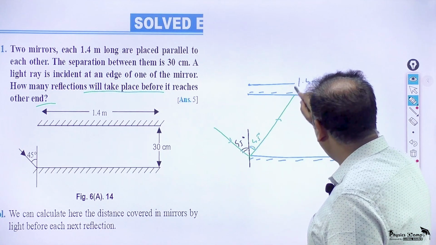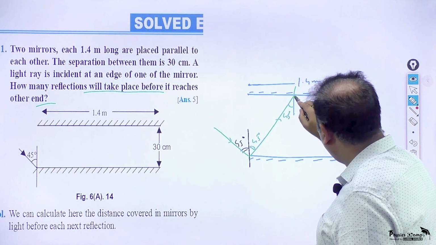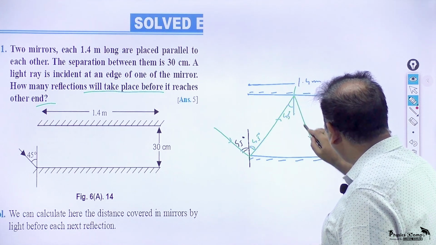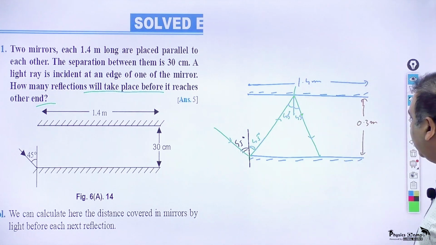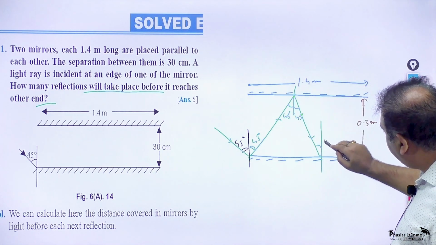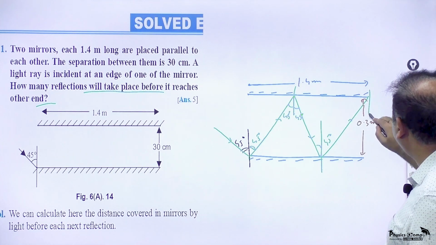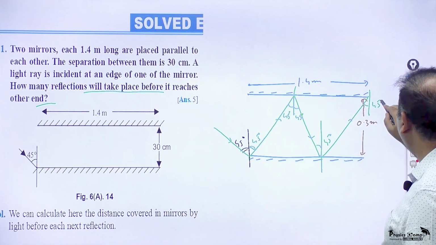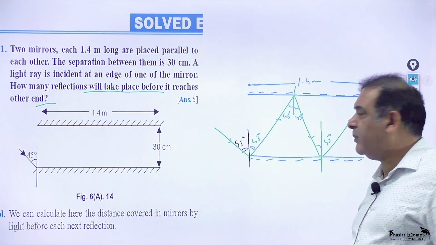And from here also, this is going to be 45 degree again, and it will reflect further, making an angle of 45 degree. And that's how every time it will reflect in a similar manner. I wish to find how many reflections will take place.